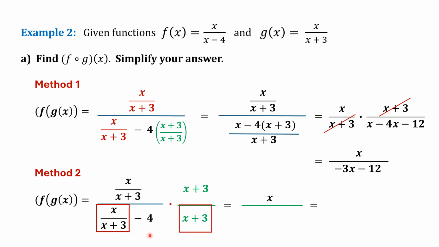It will give us x, because this will cancel out this x plus 3 and x plus 3 here. Then to continue, we will multiply x plus 3 in this negative 4. So the product will give us minus 4 times x plus 3. Then simplifying the denominator, we will get x divided by negative 3x minus 12. So it is the same as in method 1.